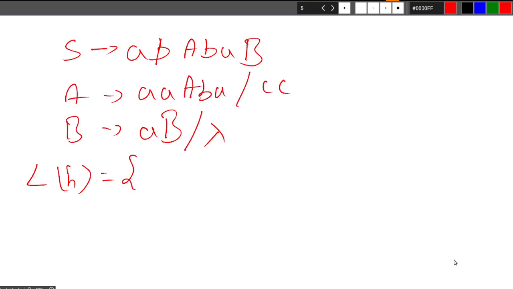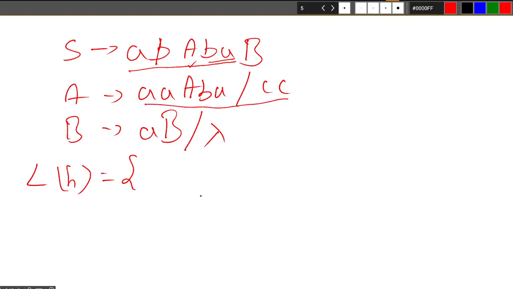You just have to tell me what the possible language for this grammar will be. I believe this part is already seen. You have AB, A and BA. Yes, sir. And A can be replaced by the same thing.